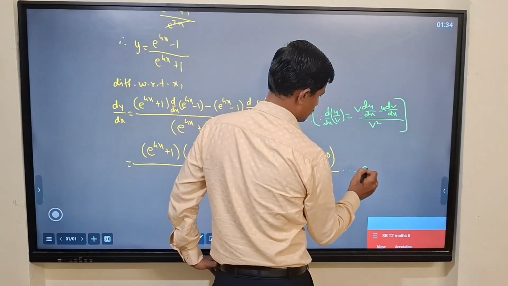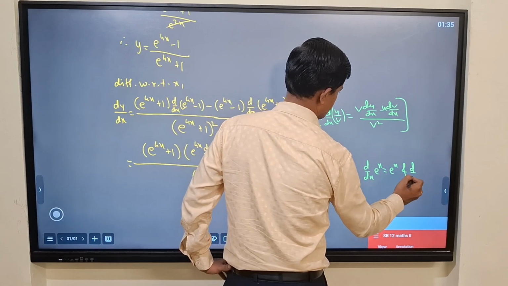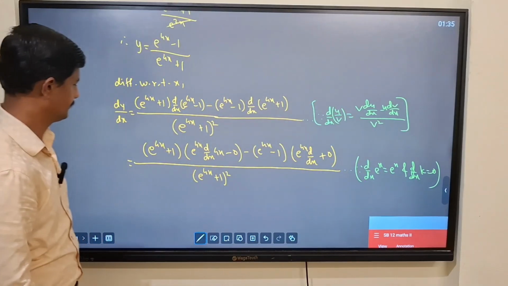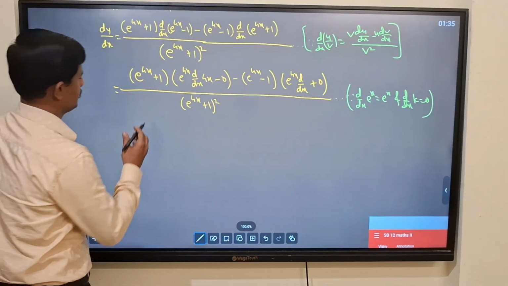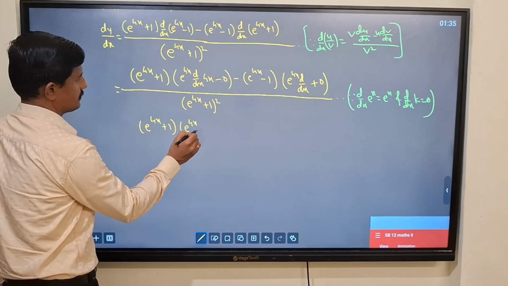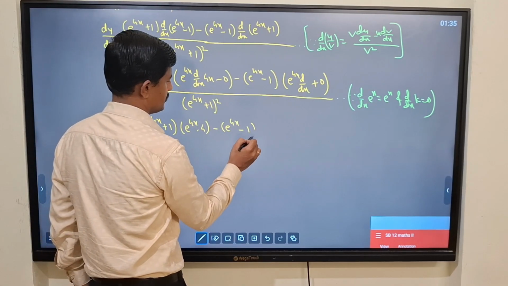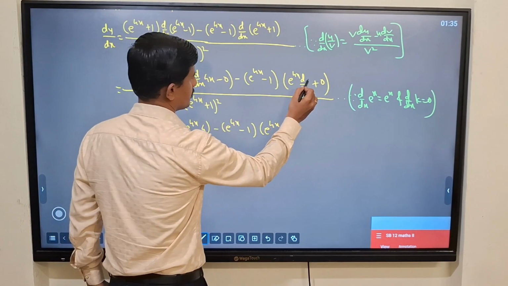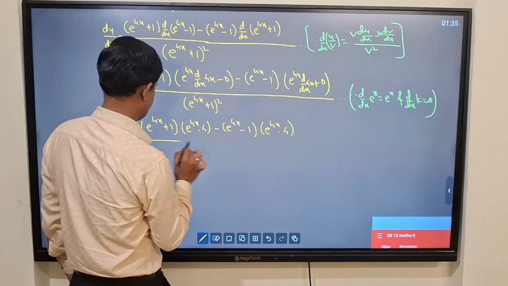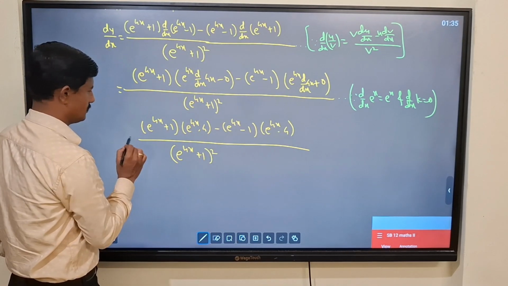Here which formula did we use? D/dx of e raised to x is e raised to x and d/dx of a constant is 0. Okay, now next, this remains e raised to 4x plus 1 into e raised to 4x, and the differentiation of 4x is 4, minus e raised to 4x minus 1 into e raised to 4x, here the differentiation of 4x into 4, upon e raised to 4x plus 1 whole square.